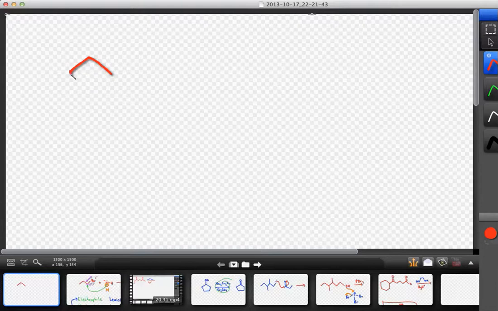So in cyclohexanone, if I draw all of the detail, clearly the best nucleophile is going to be one of the lone pairs on the oxygen atom.